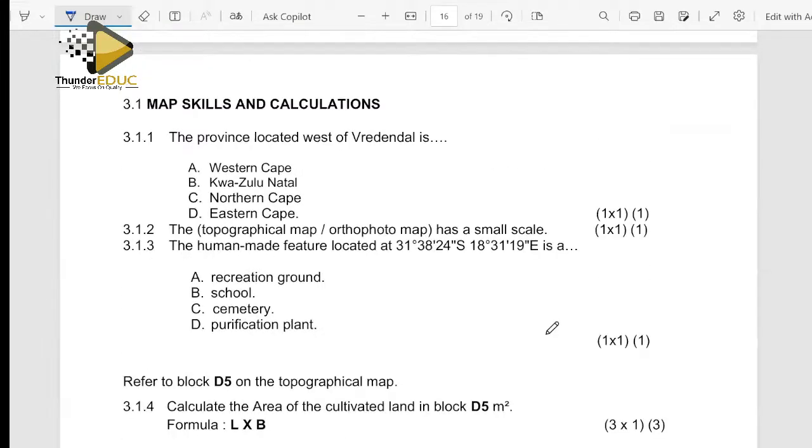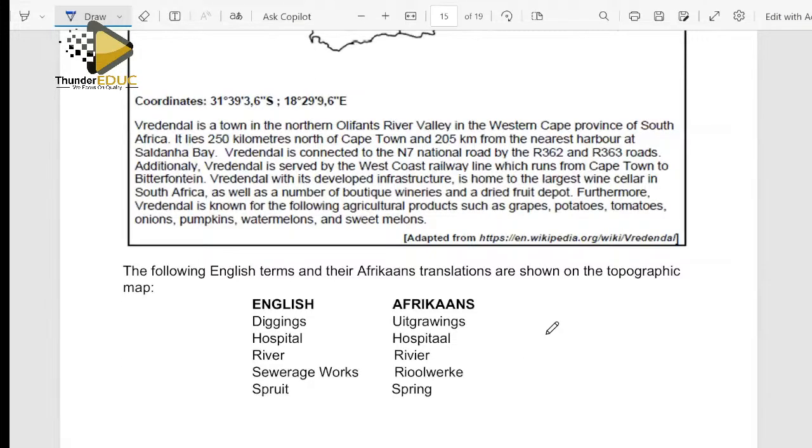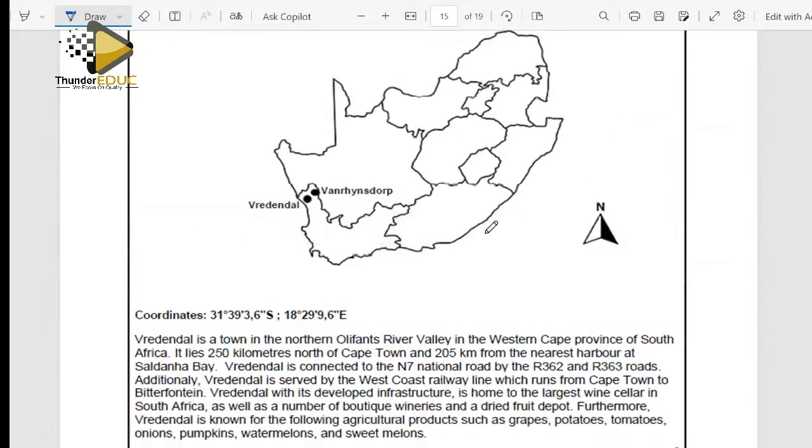The first question is saying the province located west of Vredendal is right. If I take you to the map information, we are seeing that this Vredendal is here. It's located here in the Western Cape province.